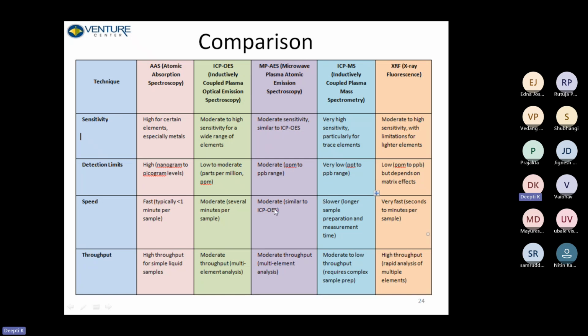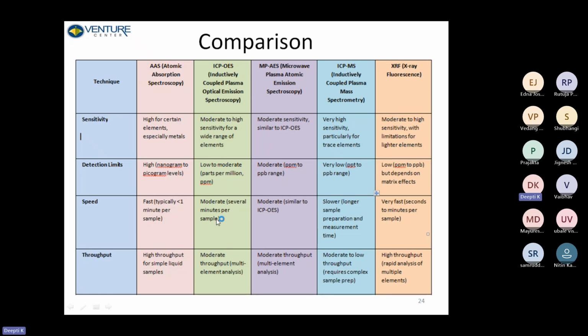Speed. AAS, if we consider one element at a time, is pretty fast. The only bottleneck is if we want to do multi-element analysis, where AAS suffers. But if we are comparing elemental analysis of only a single element, AAS is very fast. Time required is typically less than 1 minute.